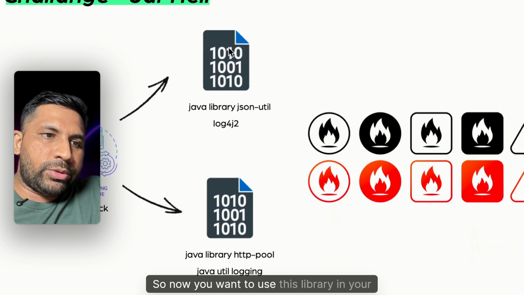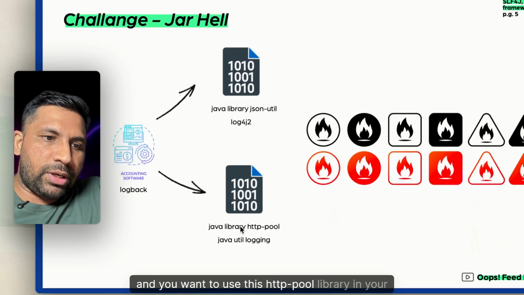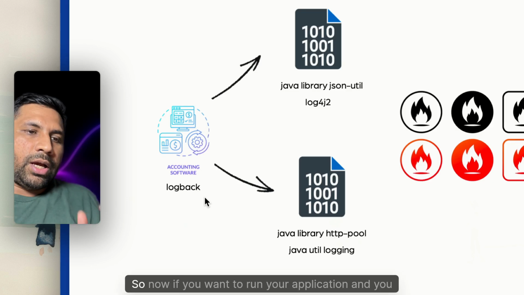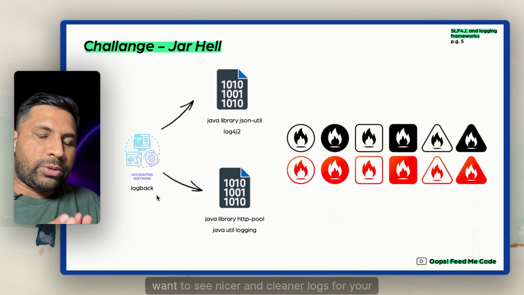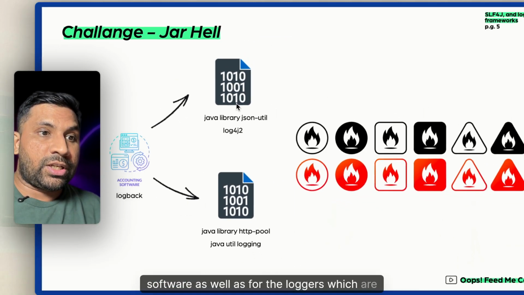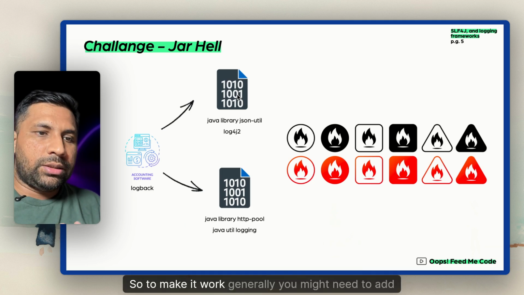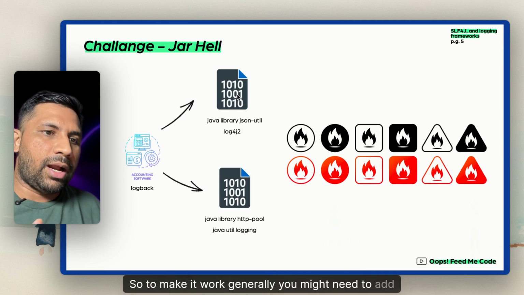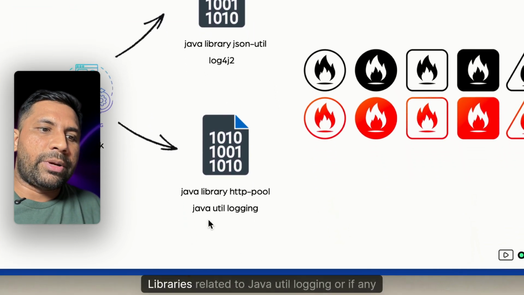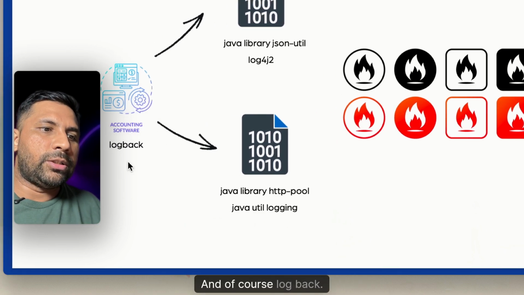So now you want to use this HTTP pool library in your software, and you yourself want to use Logback. If you want to run your application and see nicer and cleaner logs for your software as well as for the loggers inside these libraries, then to make it work, you might need to add a lot of libraries related to log4j, libraries related to Java Util Logging, or any other framework you are using, and of course, Logback.